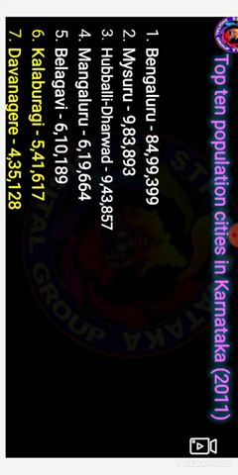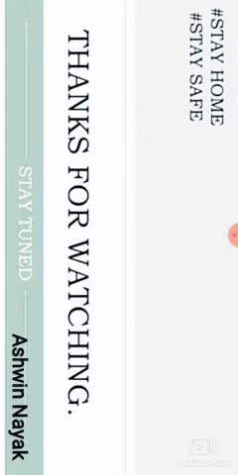And overall the top 10 population cities in the state. So overall this chapter is over.